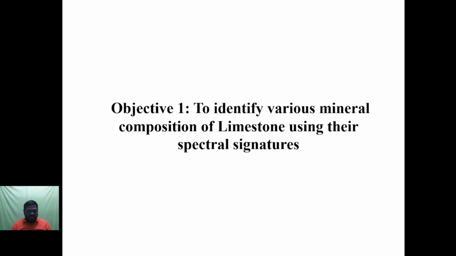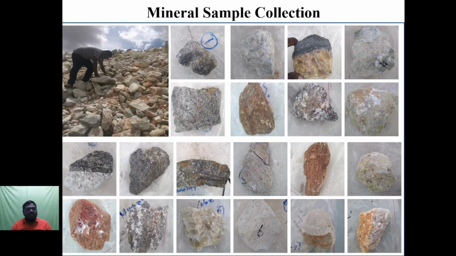So this is our first objective. We are taking the mineral sample first. In this mineral sample, you can see that in the first mineral there is only iron ore formation, and the second mineral is the purest form of calcite composition.